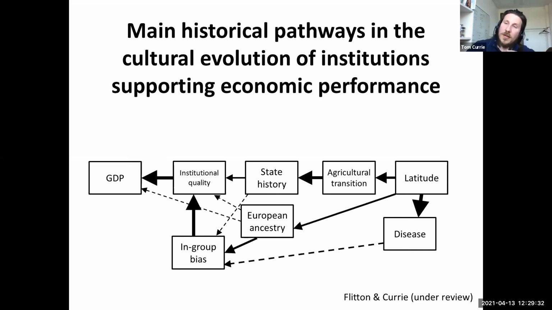That in turn has impacted whether societies today have good institutions. Theorists talk about the importance of centralization in having good institutions. It's not the only factor, but having a previous history of developed centralized institutions can affect modern day institutional quality, which has the biggest direct effect on modern day gross domestic product. It's not the only pathway that's going on.